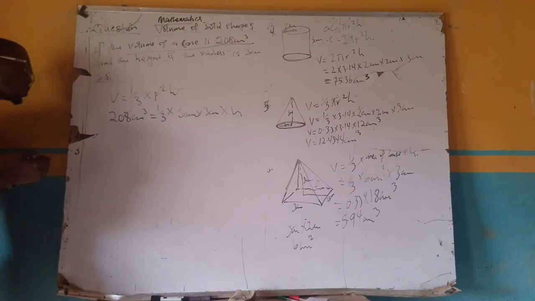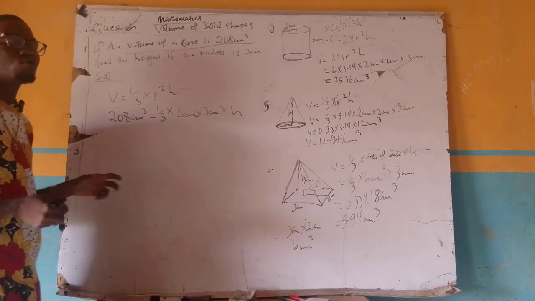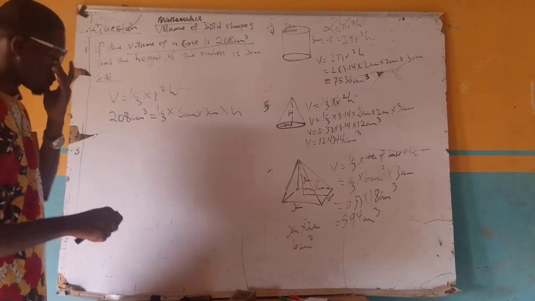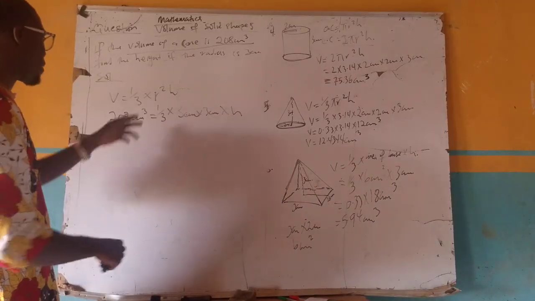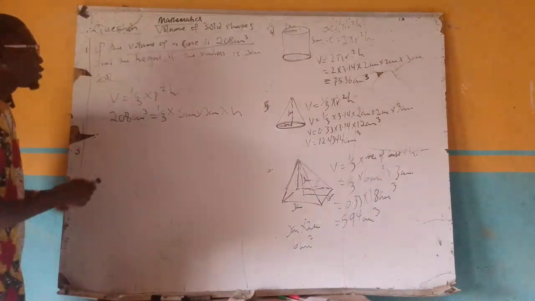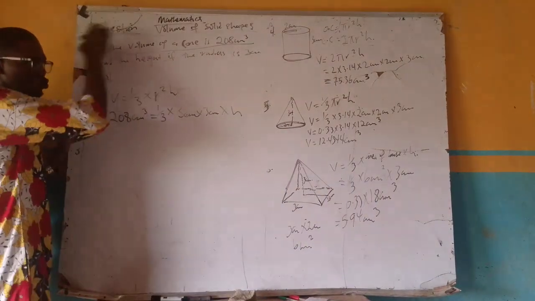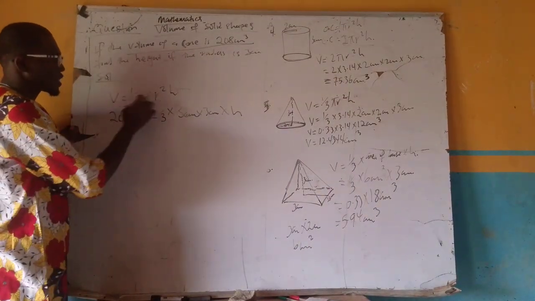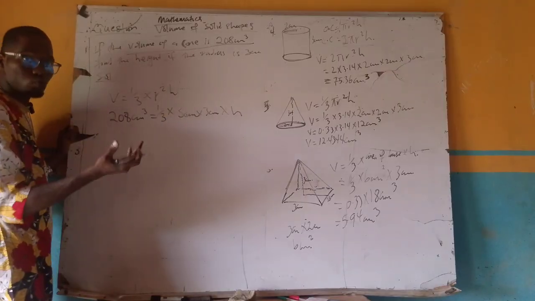So another best way of doing this is to use what we call change of subject, by making h the subject of the formula. If you do that, it will look like this. All these values will go to this side. Since they are times here, when they jump to that side, they will turn to divide.